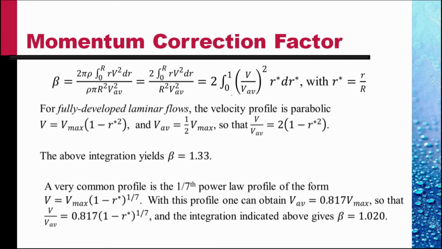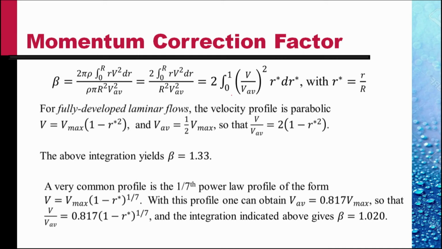If we had used turbulent flow, a very common profile is the 1/7 power law profile of the form v is equal to v max into (1 minus r star) raised to power 1/7. And with this profile, we can obtain v average as 0.817 v max.